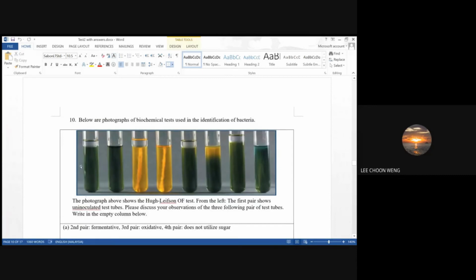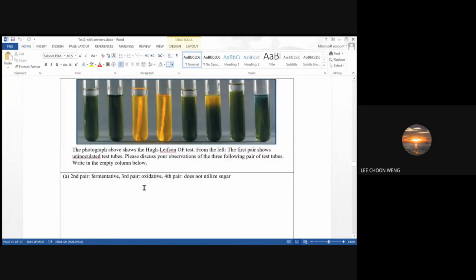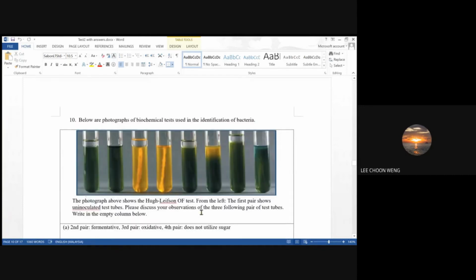So next we look at some of the common biochemical tests used. So this is the Hugh-Leifson OF test. They use a different pH indicator.